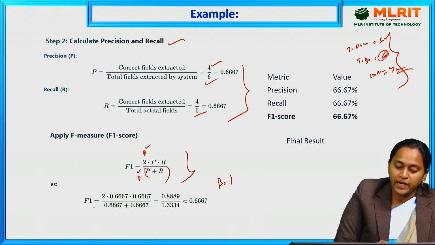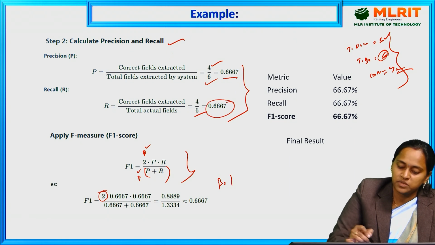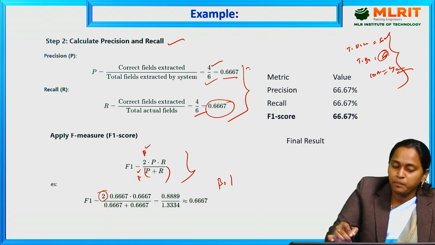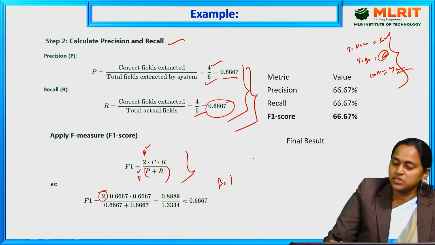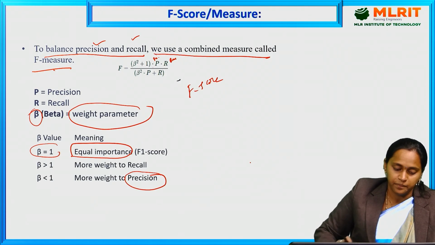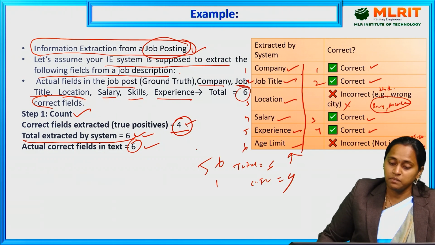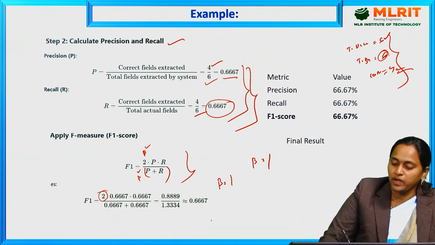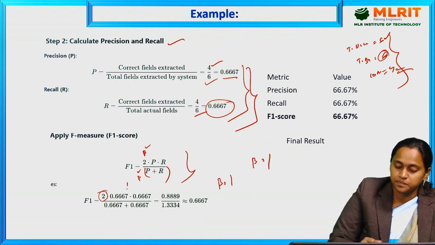Let's find F1: 2 times the precision value 0.667 times the recall value 0.667, divided by, with beta equal to 1. Because precision and recall are both equal, it satisfies the first condition, that precision and recall are equal, and then beta is equivalent to 1.